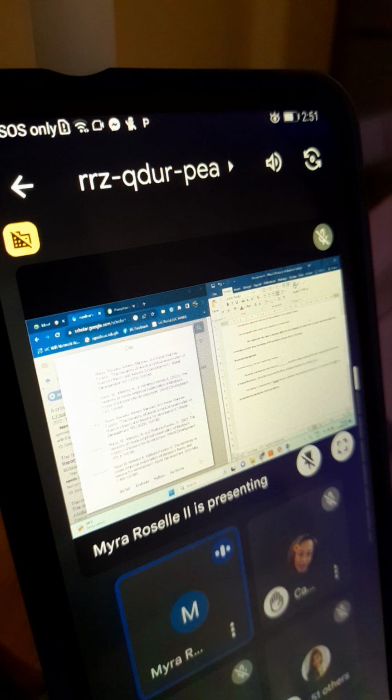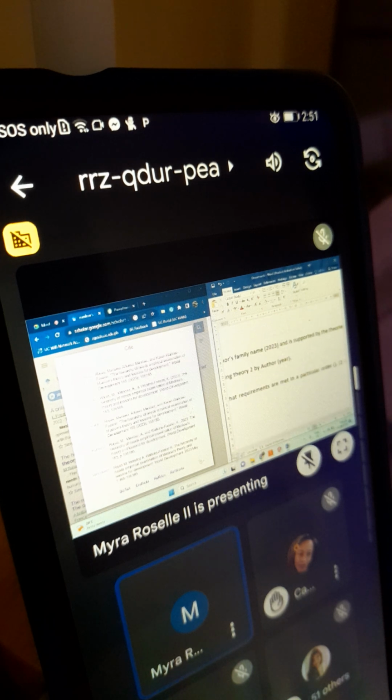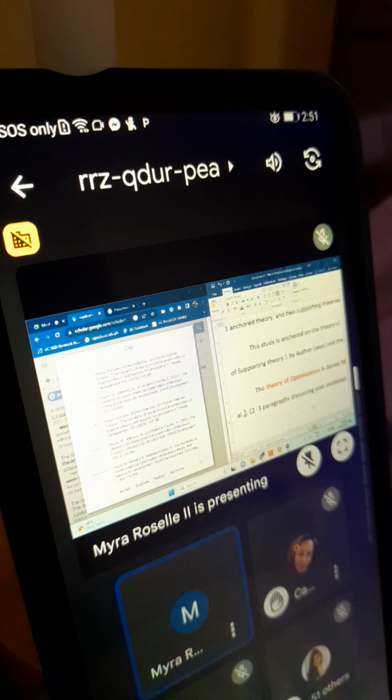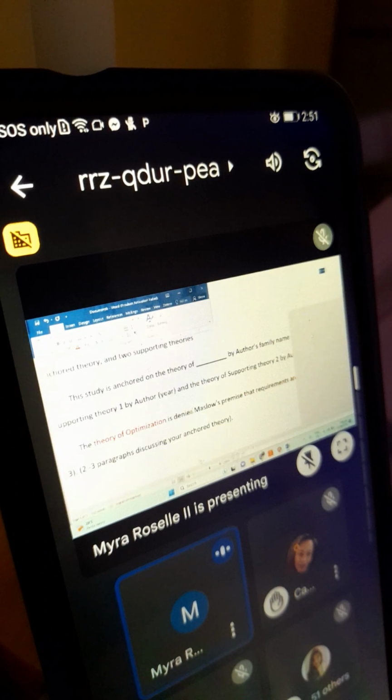So what you put here is Rojas et al., year 2023. Okay? That is how you make the citation.